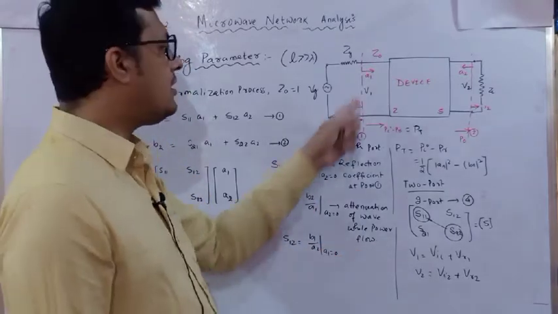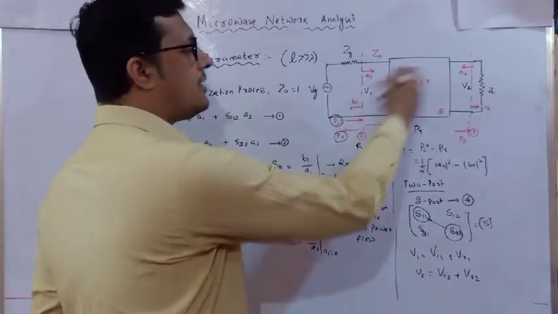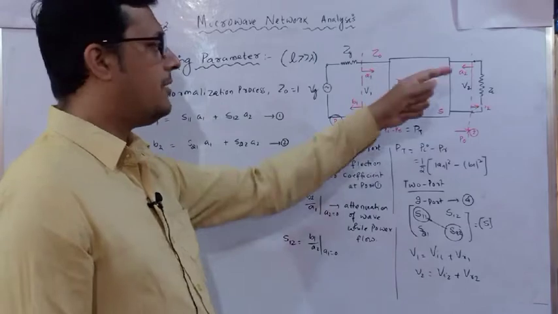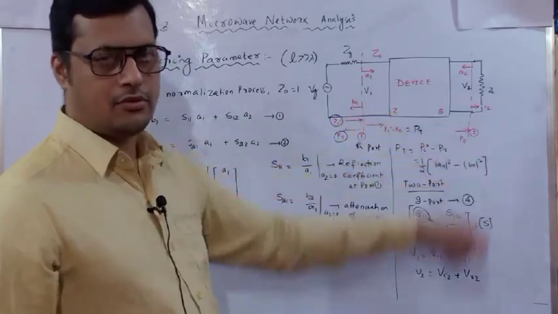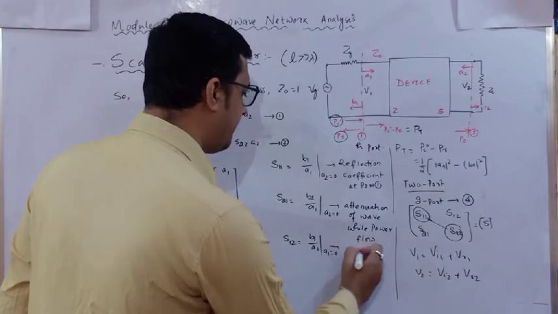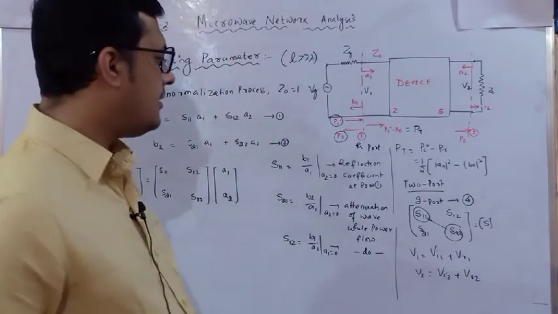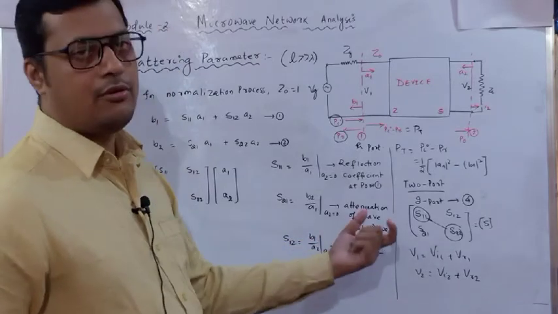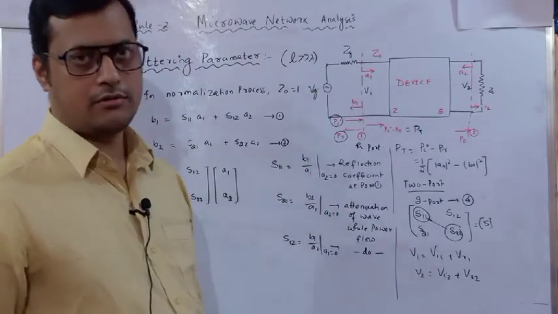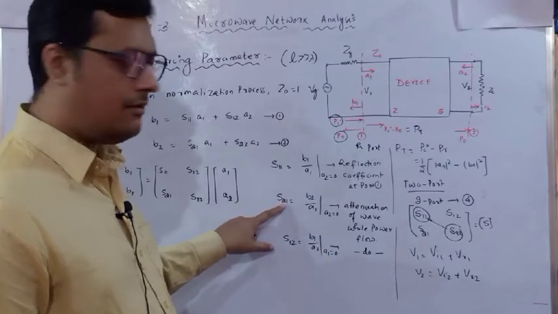Different means not with respect to port 1, not with respect to port 2, but it is a transfer function, a transfer relation between port 1 and port 2. So this is also an attenuation of wave while power flows from a particular port. So this is also an attenuation factor, this is also an attenuation factor.